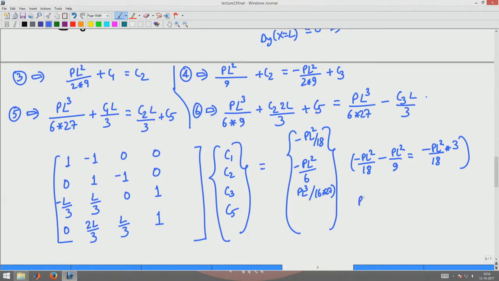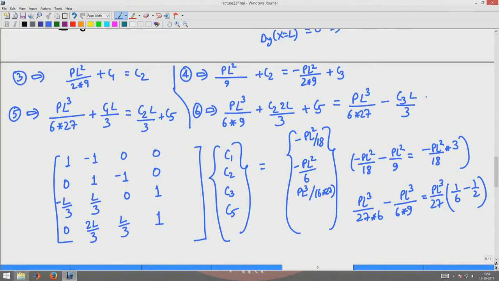So, this will be PL cube by 27 into 6 minus PL cube by 6 into 9, which is PL cube by 27 into 1 by 6 minus 1 by 2.